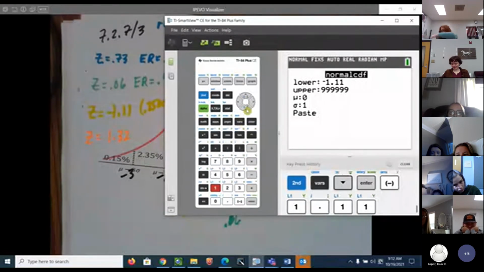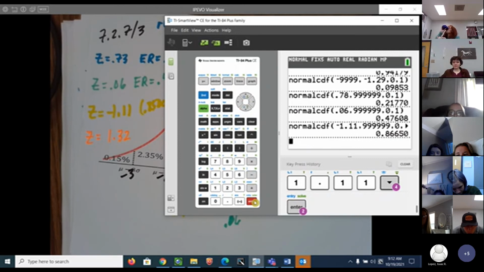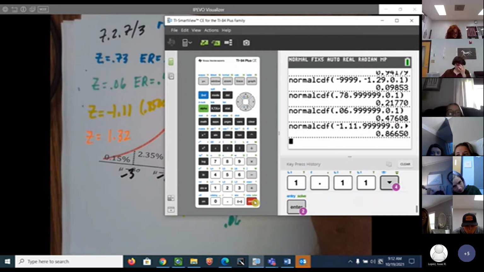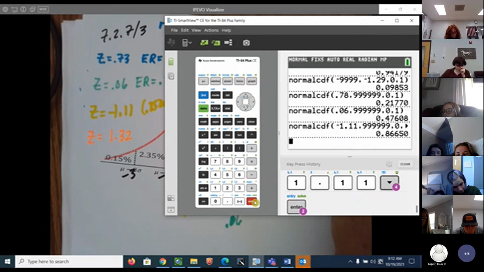Negative 1.11 to 9999. Calculated, we said 0.85 and 0.8665. So yellow calculation is equal to 0.8665.